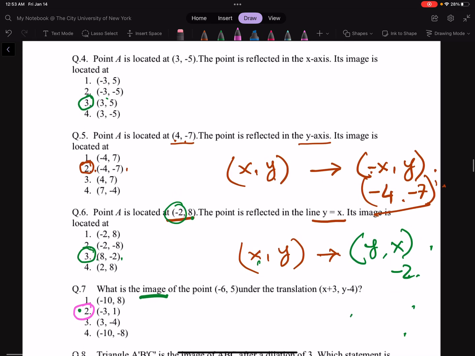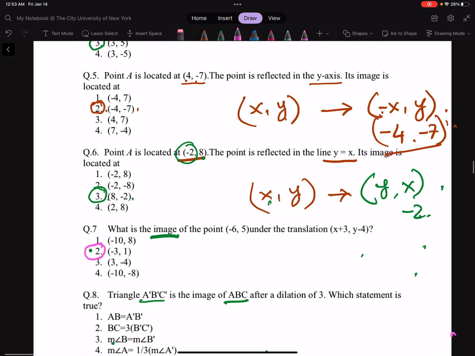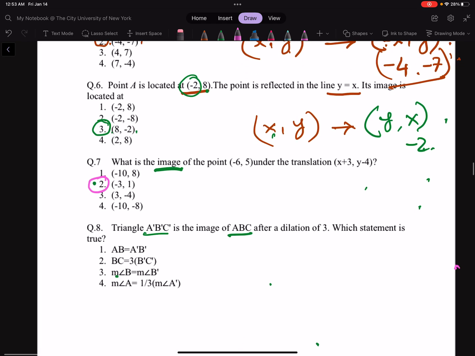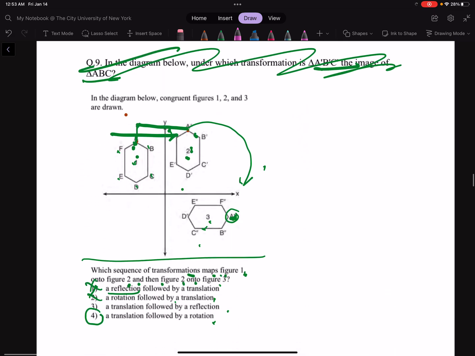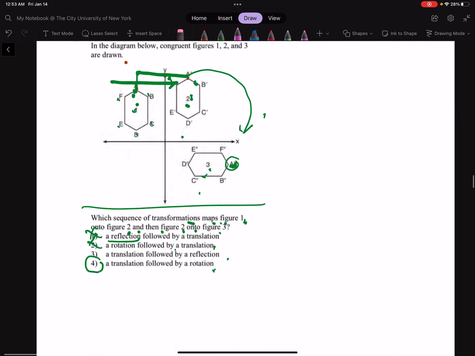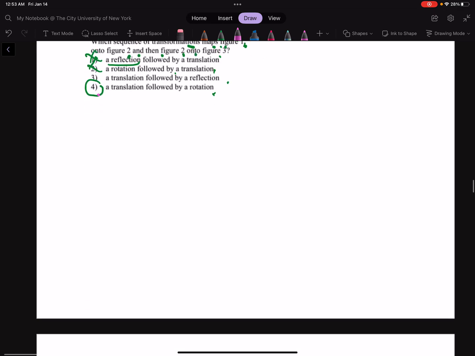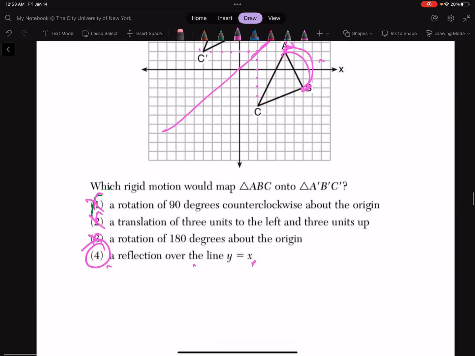Number 6, it should be 3. Number 7, it should be 2. Number 8, it should be 3. Number 9, it should be 4. And number 10, it should be 4.